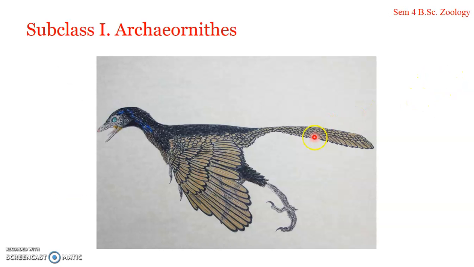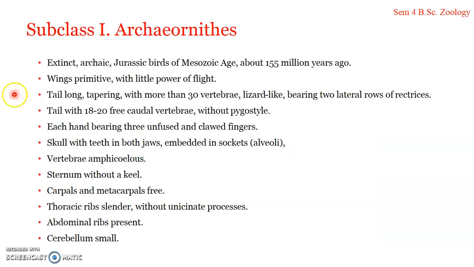Two lateral rows of rectrices are placed along the two sides of the tail. Usually in modern birds the tail is short and ends over here, and it is the tail feathers which project beyond. But in Archaeornithes the tail extends till here, and on both sides of the tail you can see the rectrices being arranged.